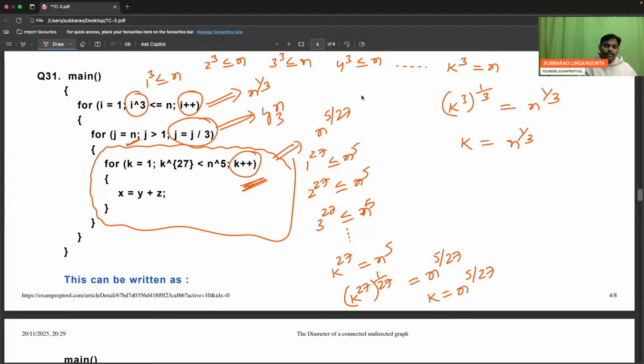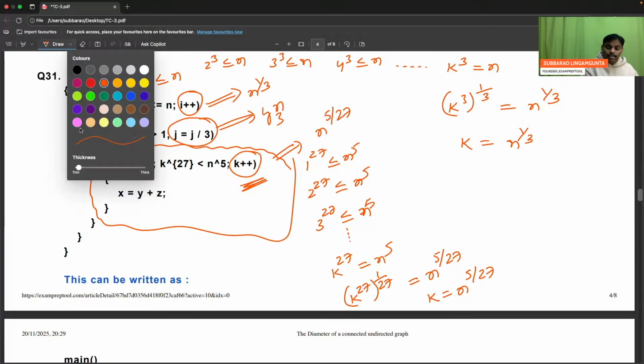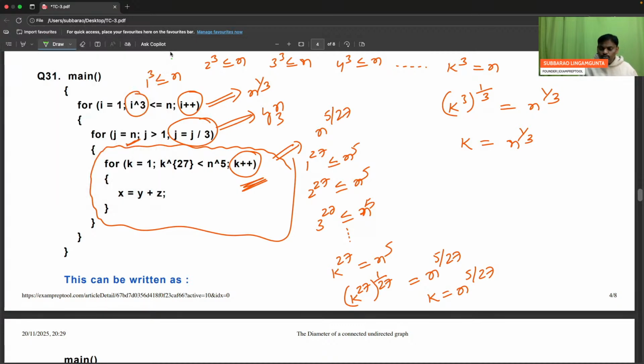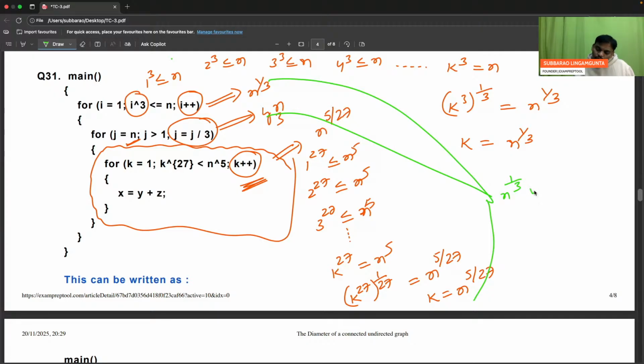And one more thing, remember, these are inner loops. You have to multiply all three: this one, this one, this one. When you multiply, it is n power 1 by 3, log n, and n power 5 by 27.